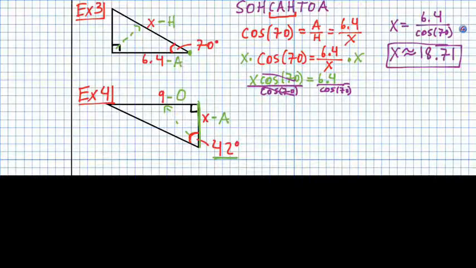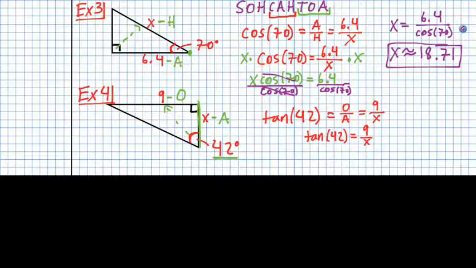So I have O, I have A. It looks like I'm going to use tangent. So I write out tangent of 42 degrees is equal to opposite over adjacent. And then my opposite side is my 9, and my adjacent side is my x. So now I've got tangent of 42 is equal to 9 over x.